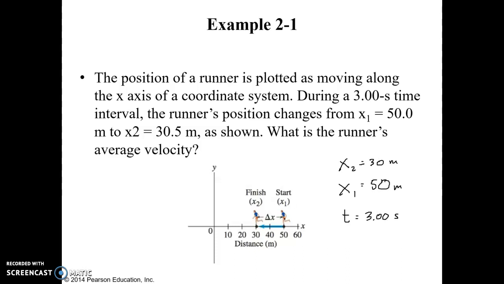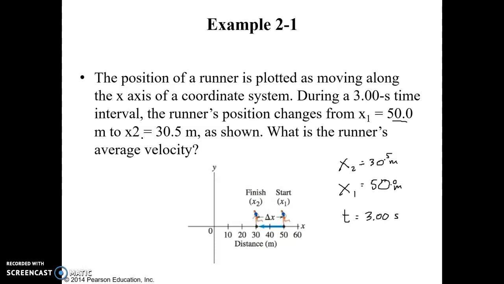And it looks like up here in the statement of the problem, it's actually given us 3 significant figures. So I should write that down: 50.0 and 30. Oh, it's 30.5. I couldn't tell that just by looking at the graph. I needed to read the problem statement. What is the runner's average velocity?